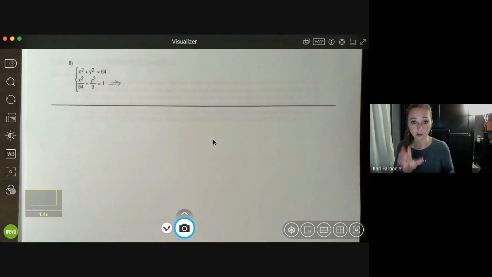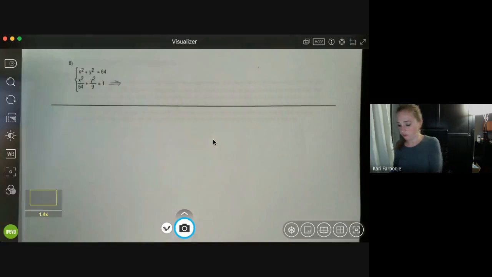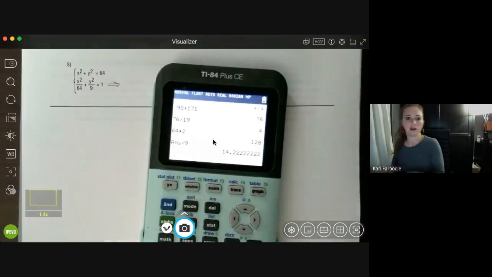If you want, you can just multiply 64 and 9. Really what you're looking for is the least common multiple between the two. So for instance, 64 times 2 is 128, but 9 does not divide 128. So you'd kind of go through your list. If you want, your calculator actually has a function. You probably won't use this a lot. Look at, I'm so old school. I have this emulator, but it's such a pain to keep switching back and forth.